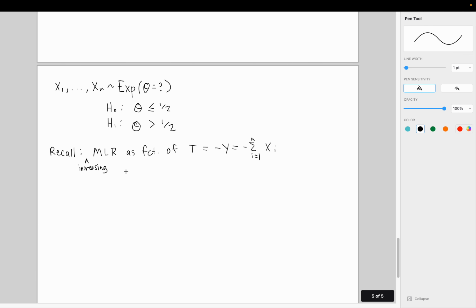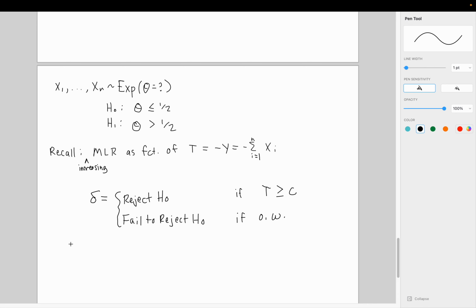So if we want to construct a UMP test with level alpha, we know that this test is going to have this structure: reject H naught if t is greater than or equal to c, and fail to reject H naught otherwise.